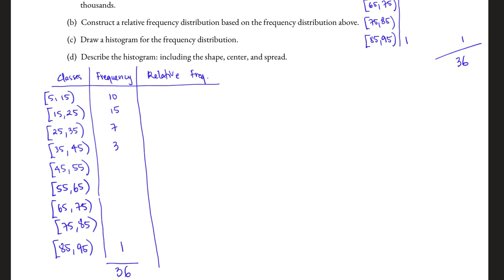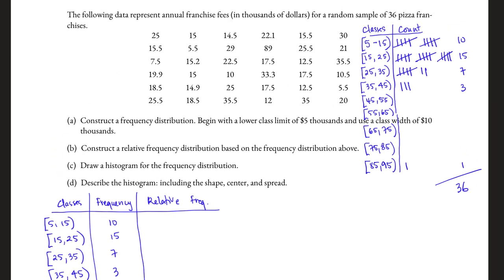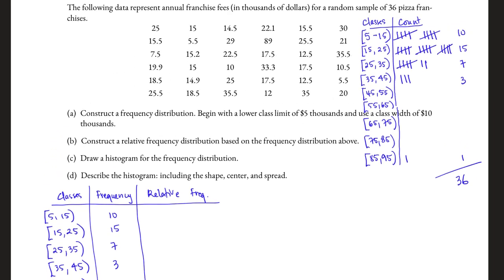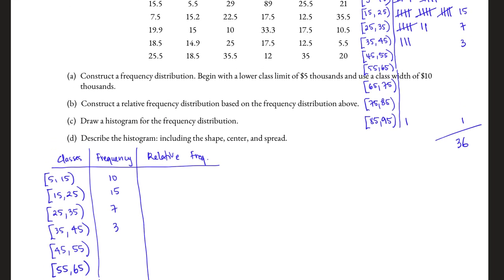Usually, this is what you see when we look at the frequency distribution. It tells us the category in the classes and the frequency, how many. Notice that we just simply copy this table down.